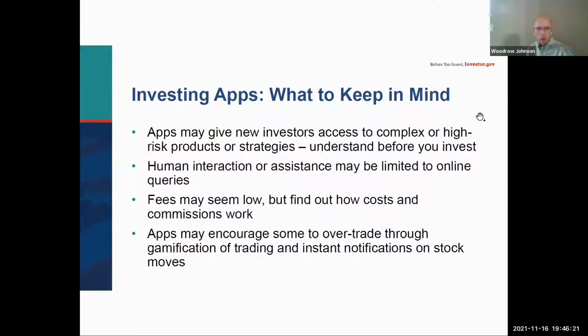The more often you show me a picture of ice cream, the more ice cream I'm going to eat. The more often you tell me, hey, look at your portfolio, you should consider trading, the more often, on average, I'm going to trade. So be careful that these apps don't entice you or trick you or persuade you or give you the incentive to trade the wrong assets or the wrong assets at the wrong frequency.